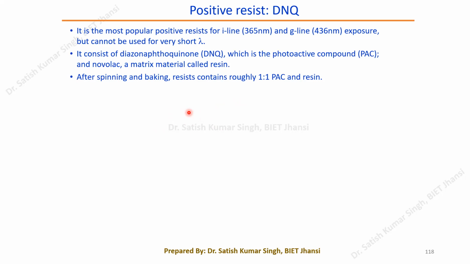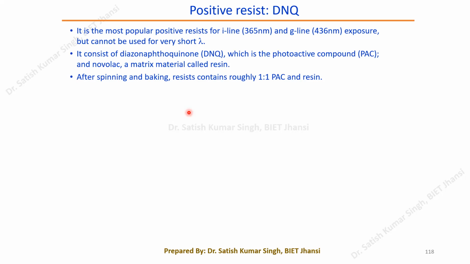Even if you apply the developer solution to Novolac alone, it will dissolve. But its dissolution rate, acting as a base material or resin, is on the order of around 15 nanometers per second.